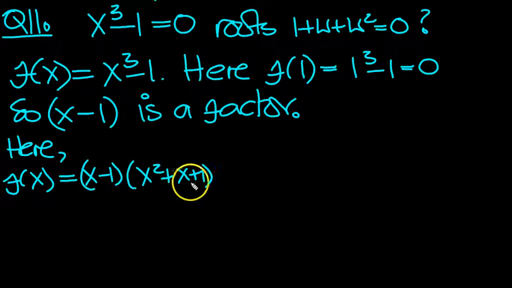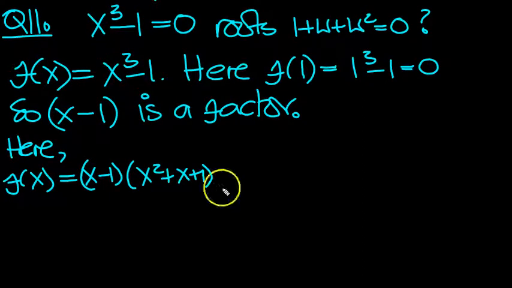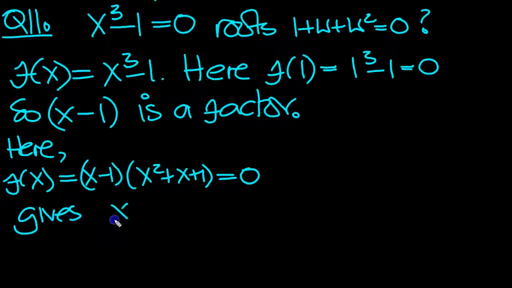So now let's solve this quadratic then. So here we've got x minus 1. No, let's just get the roots, sorry. So this equals 0. Well, it equals 0 when x is 1, and also when this quadratic is 0.